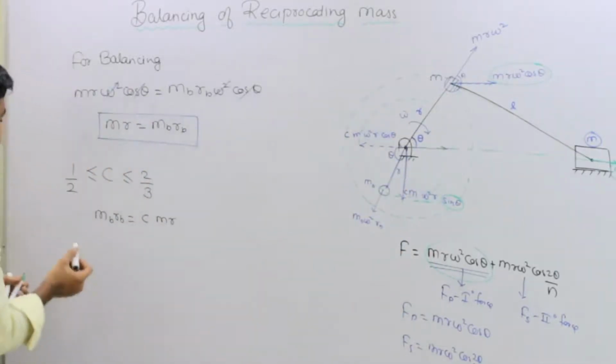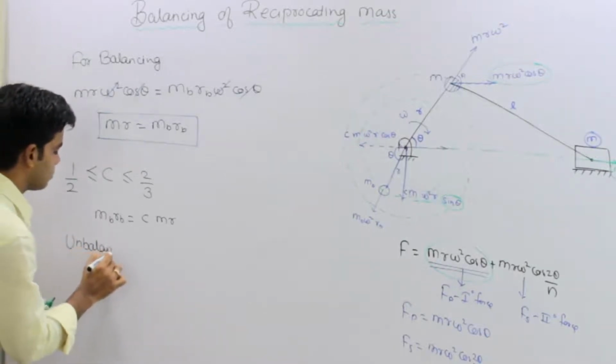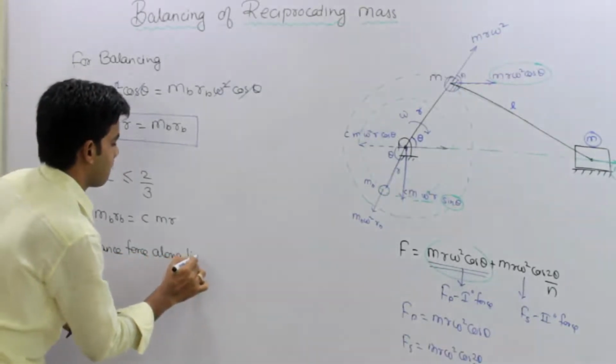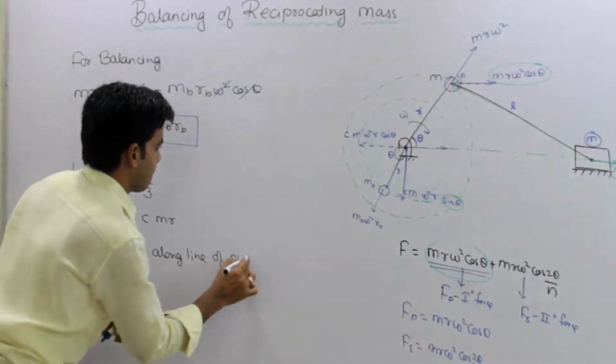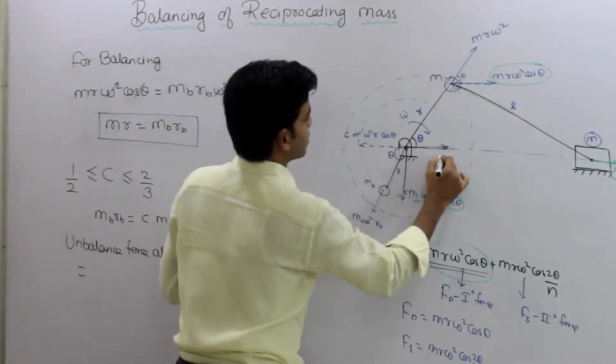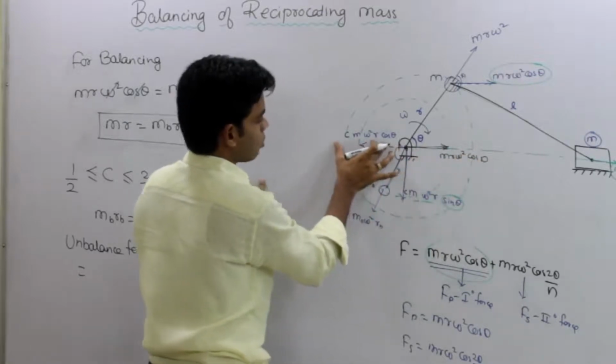Okay, so what will be the unbalanced force along the line of stroke? This will be equal to the net force. Here the force acting is m r omega square cos theta. Here it is m r omega square cos theta into c.